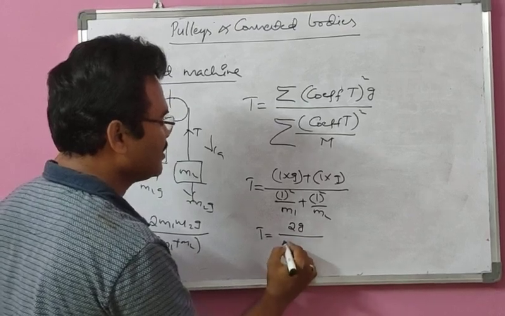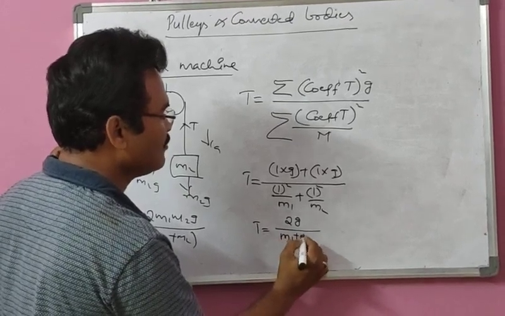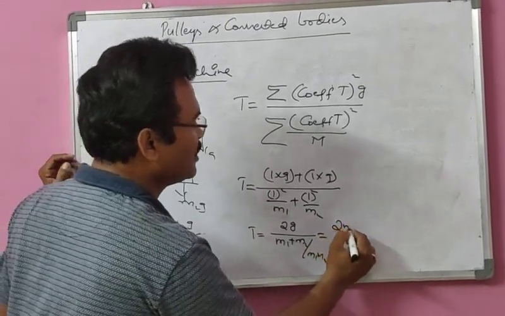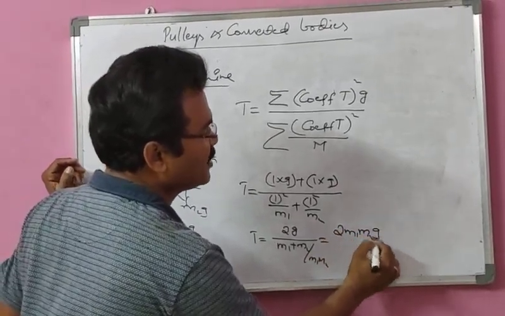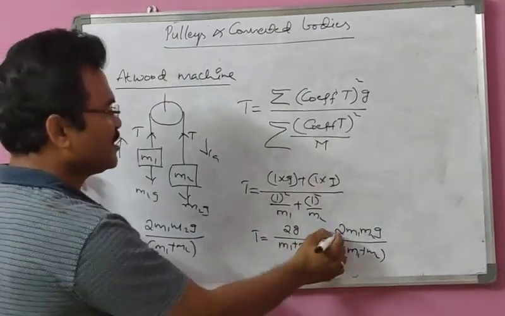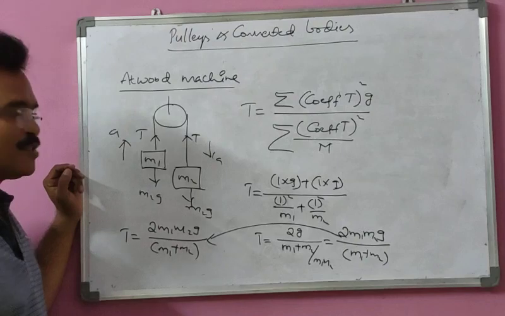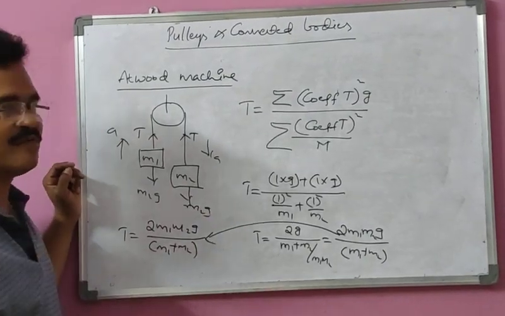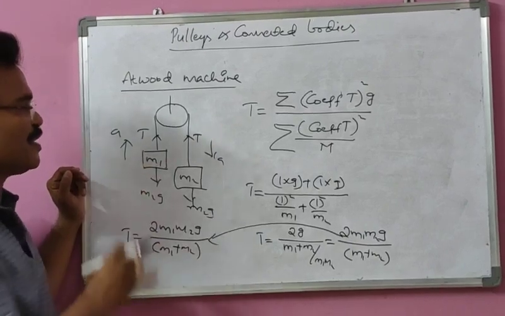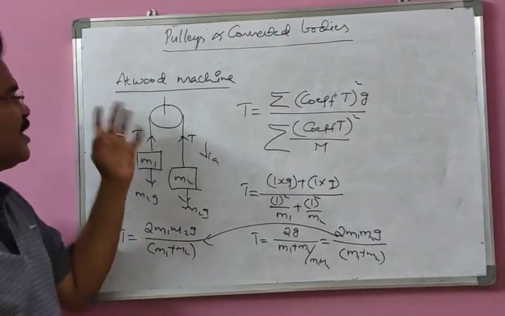In the denominator, it is (M1 plus M2) divided by M1M2, which goes to the numerator, and we get 2M1M2g by (M1 plus M2). You can see we got the same result. So how simple this formula is while calculating the tensions in connected bodies. This is a fixed pulley problem, a simple Atwood machine.